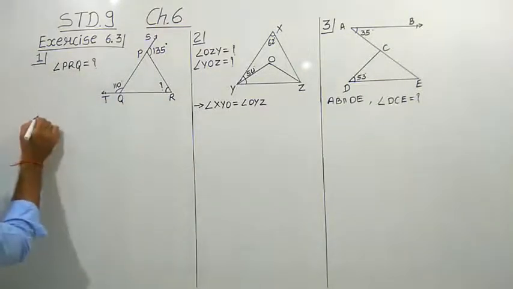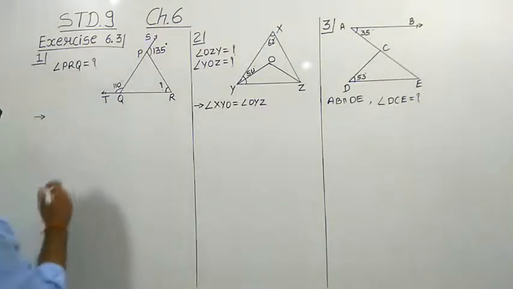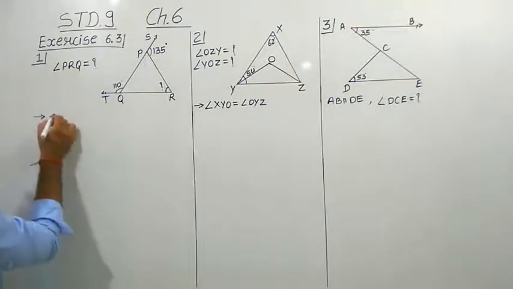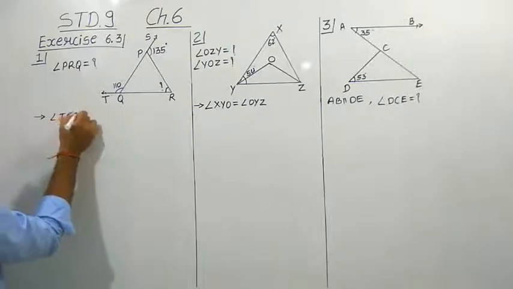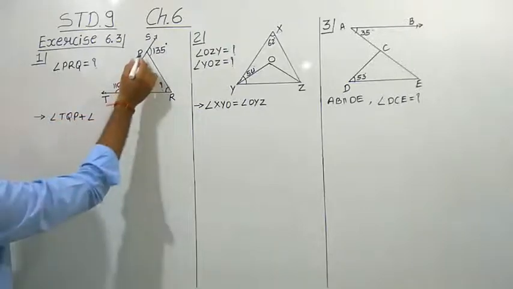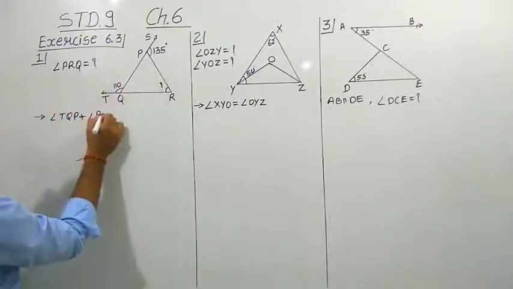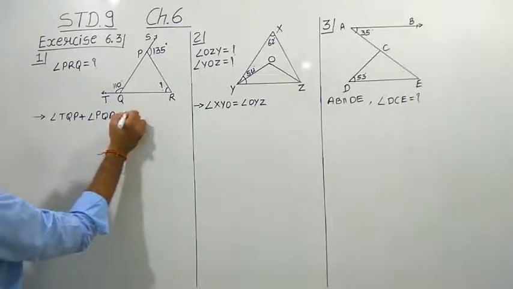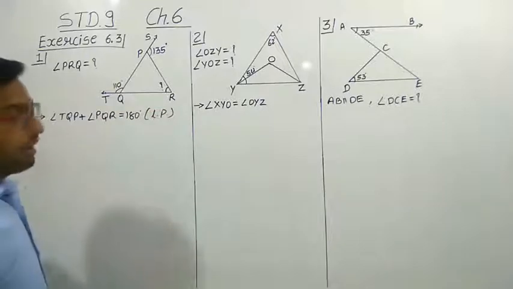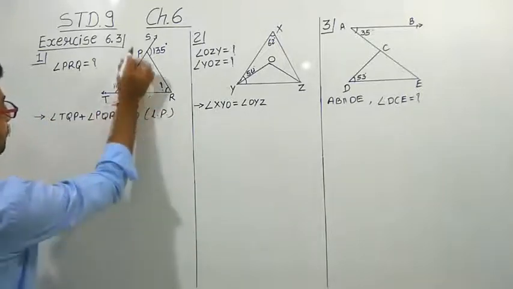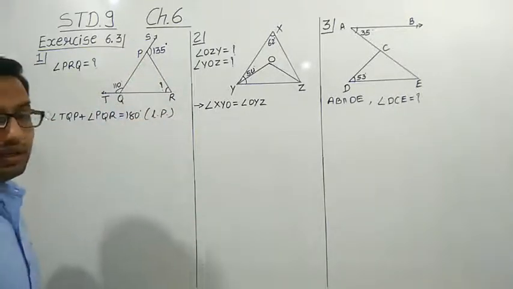Here we can write angle TQP plus angle PQR. The total will be 180 degrees because of linear pair. Both these angles TQP and PQR make a linear pair.